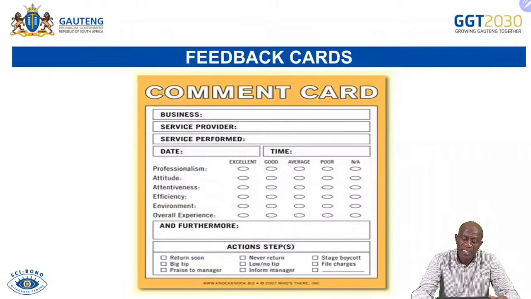And it gives you an opportunity to also give any further details in writing, and it allows you to recommend the steps that the business must apply to correct the wrongs or to improve on the right.